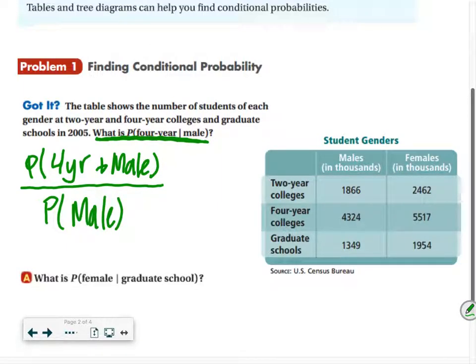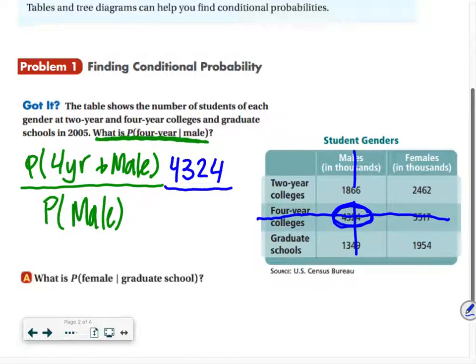Okay, so far are we okay? So we're gonna take all the 4-year males and divide it by all the males in this entire table here. To find where our 4-year and males are, our 4 years here, our males are here, so it's this number right here. What is it, 24?